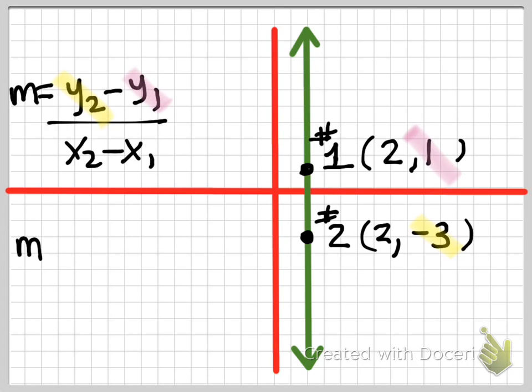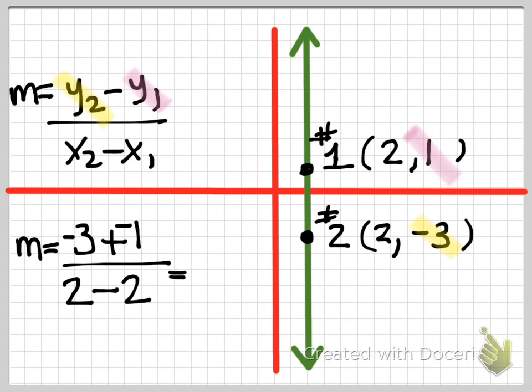So this is going to turn into negative 3 minus 1, over 2 minus 2. You have to write the minus sign. So the top of that is negative 3 plus a negative 1, that's negative 4, and the bottom of that is 2 minus 2, which is 0.